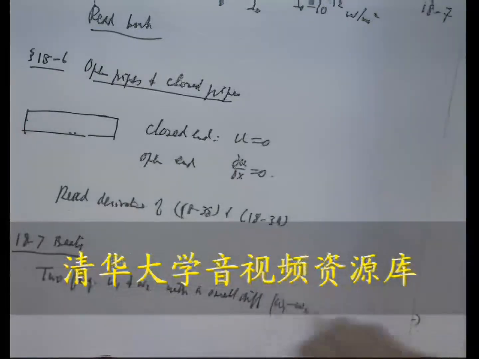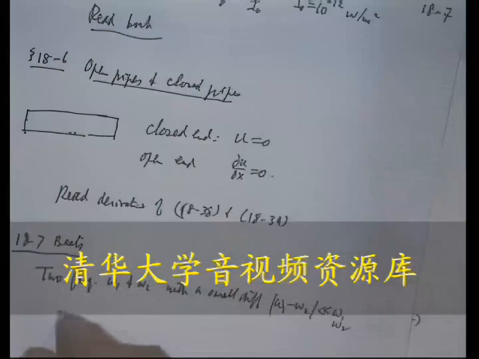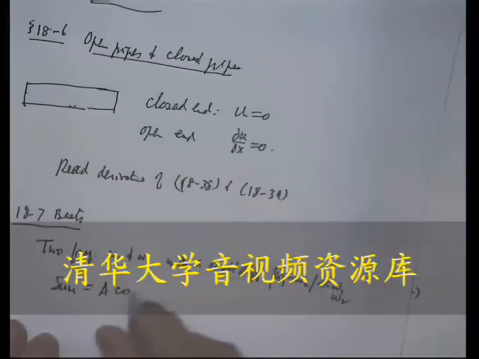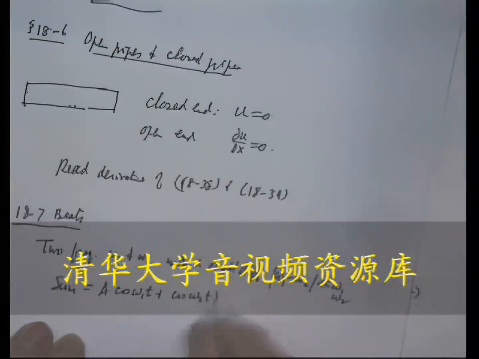The omega 1 minus omega 2 is much less than omega 1 and omega 2. Then we ask what the sum is. The sum equals a cosine omega 1 t plus cosine omega 2 t. If the two amplitudes are not the same, the phenomenon of beat is not as clear. It's most clear if they are the same amplitude.